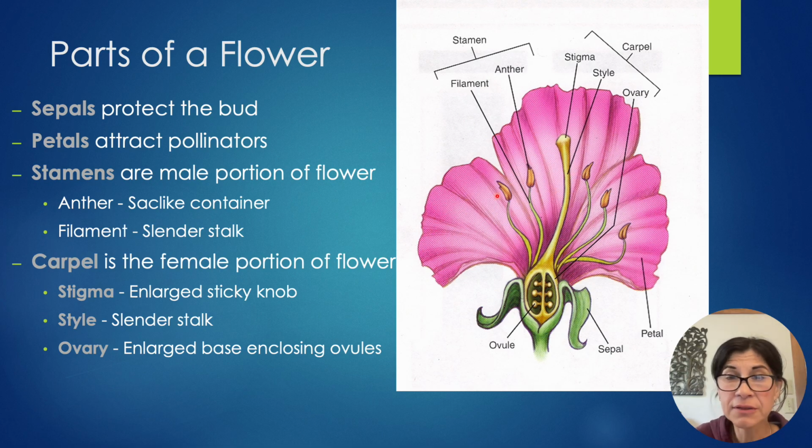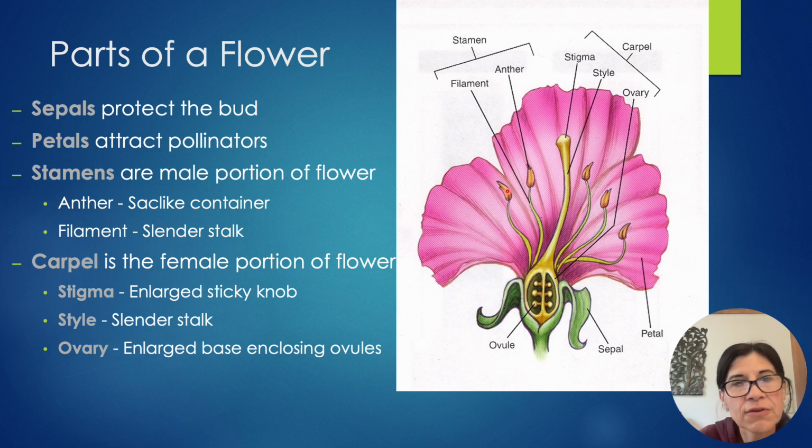And the reason they're showy is to attract pollinators, because angiosperms have evolved to have this symbiotic relationship with insects because the insects help pollination happen because they're attracted to generally the colors in the flowers. Like bees are attracted to yellow flowers, think of dandelions. So they've evolved to attract the pollinators to help pollination happen.